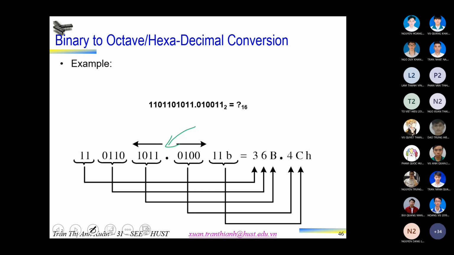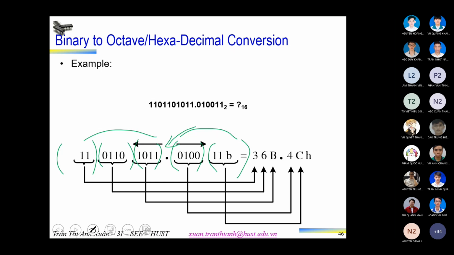From the hexa point, proceeding to the left for the integer and to the right for the fraction, we make each group of 4 binary digits. So we do here, here, and here. For the fraction part, here, here.